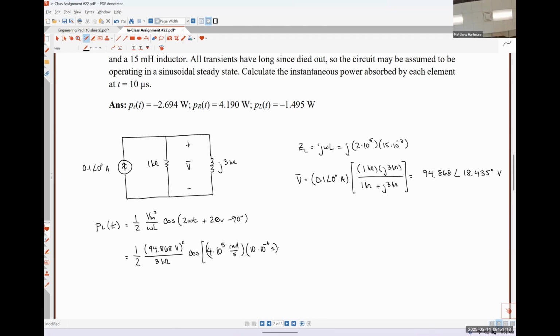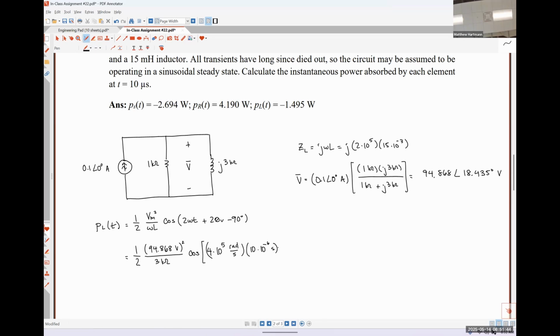So when I multiply omega times t, I'm going to get an angle in radians. Well, my phase angle that's going to come up next is very obviously expressed in degrees. So I need to make a decision as to whether I want to convert omega t into an angle in degrees, or convert my phase angle into an angle in radians.